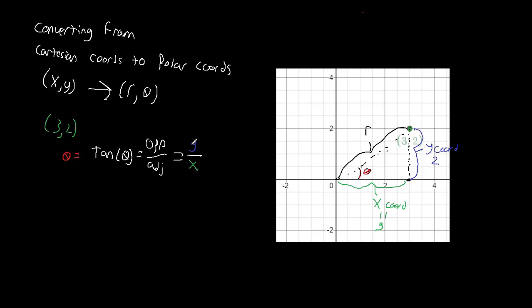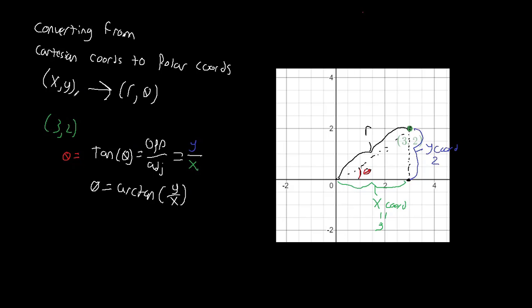So if you remember back to our previous video talking about arctangent or inverse tangent, if we feed the tangent value into the inverse tangent, it will give us back our theta. So our theta is always going to be equal to the arctangent of y over x every single time.